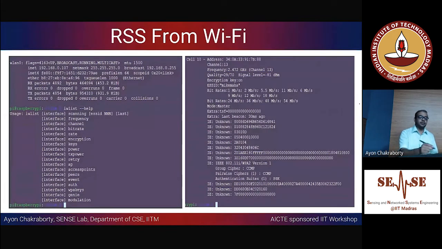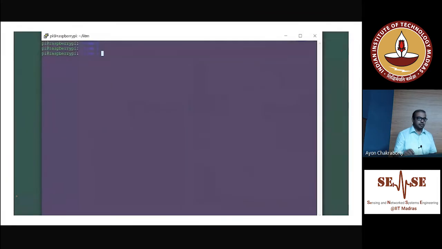If you do an iw scan, it is going to tell you what the different access points nearby are, and what the signal strength is that you are receiving their packets at. So I'll show you a demo on this.